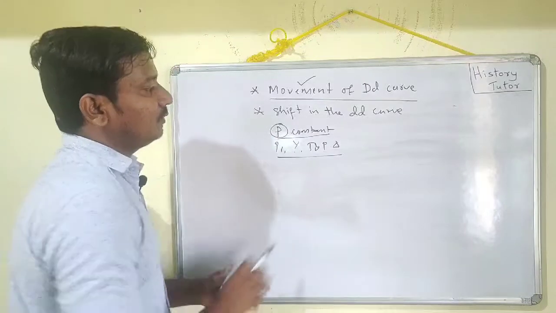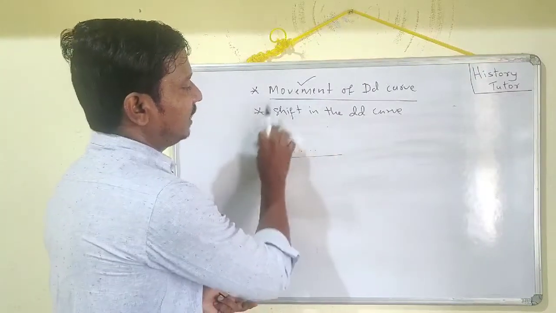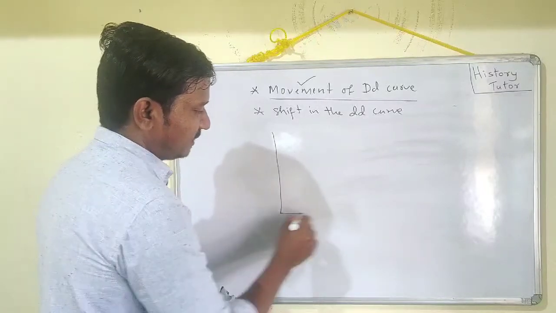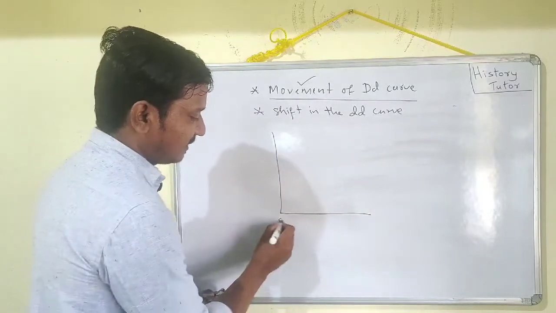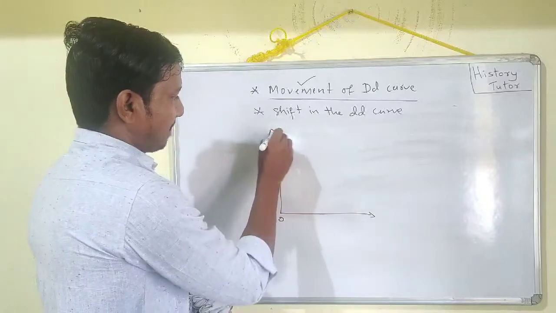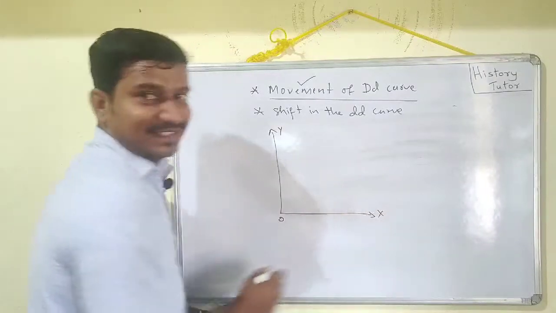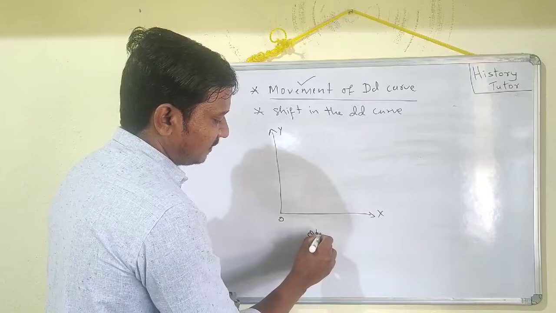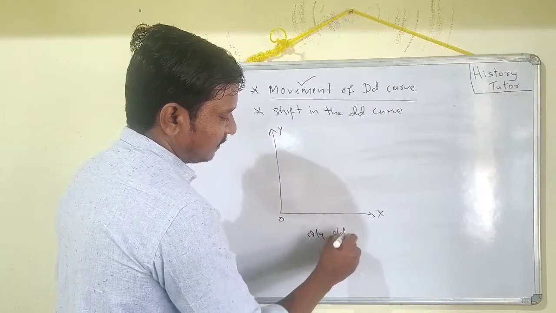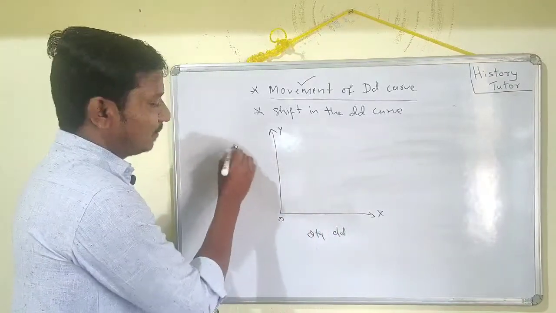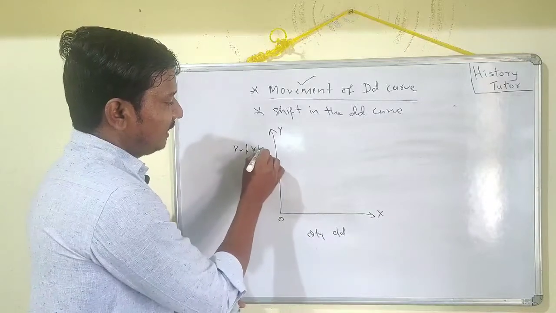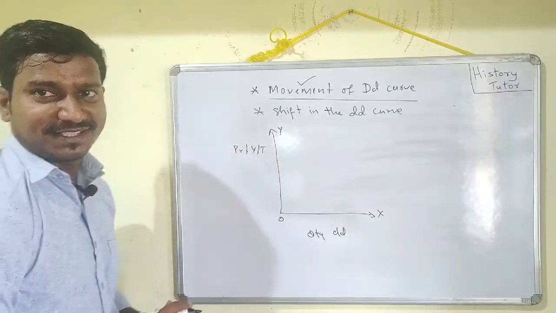So let us see how there is a shift in the demand curve with the help of a diagram. Again, OY axis, OX axis. I'll take the same quantity demanded, and here not the price but the price of the related product, income of the consumer, and taste and preference.